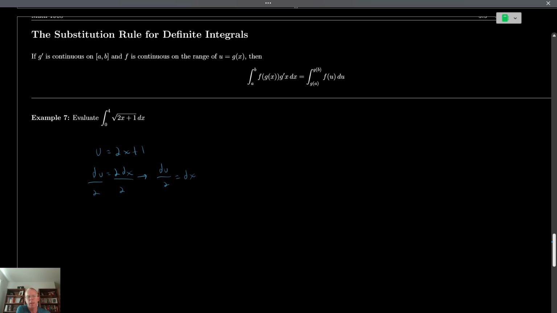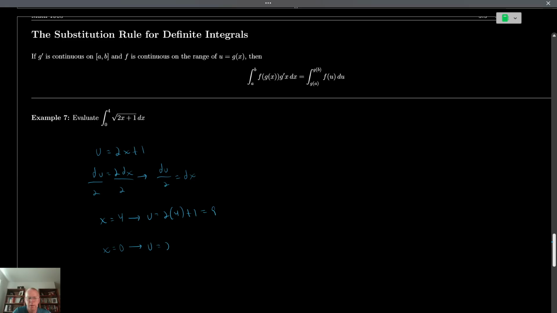Now this is the part where it's different, and the little added part. So we have limits of integration. So x is 0, x is 4. So we're integrating from 0 to 4. Now what is u going to be? If x is 4, u, which is 2x plus 1, is 2 times 4 plus 1, which is 9.